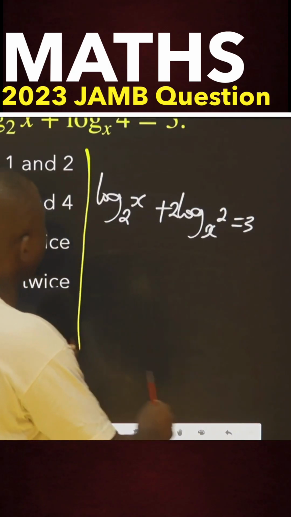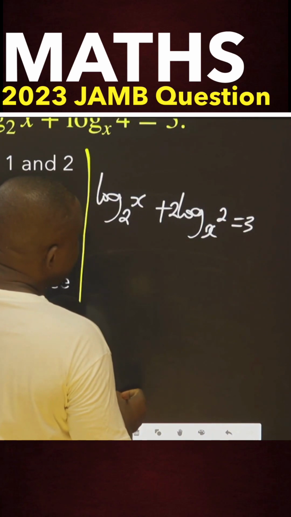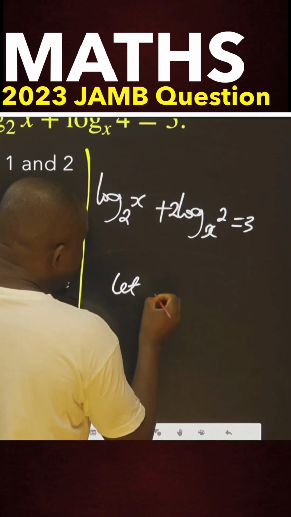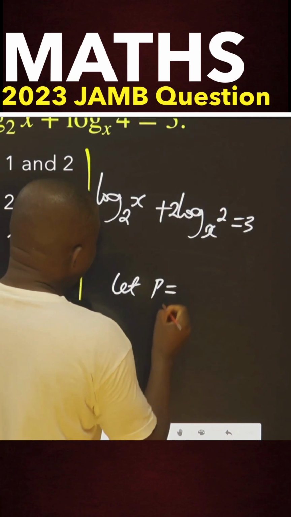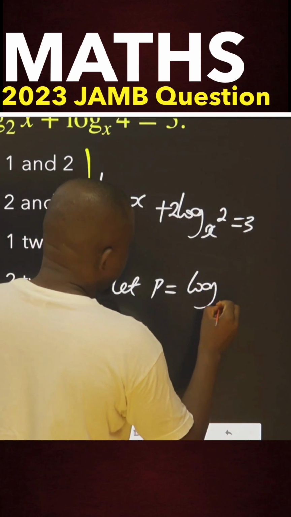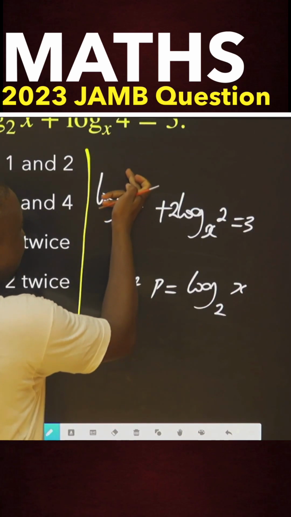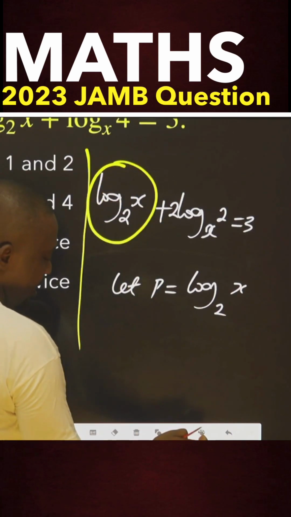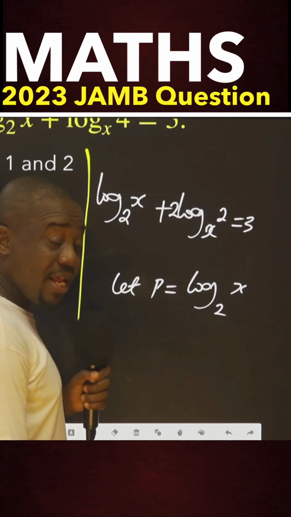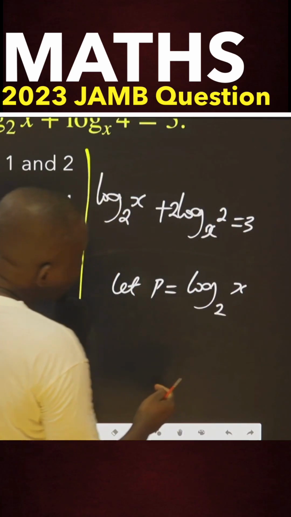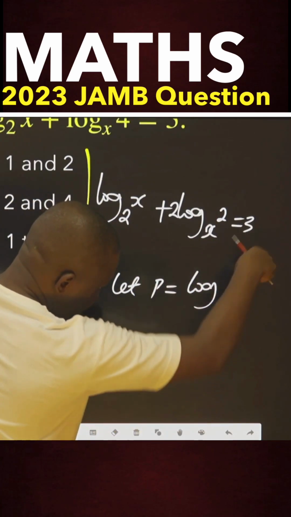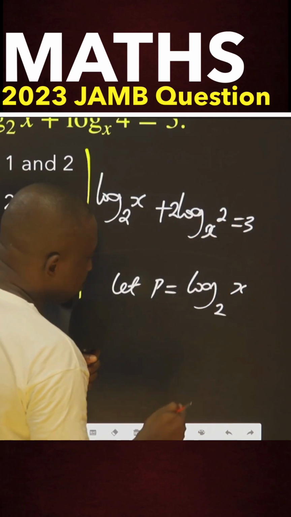Okay? Now, we are going to say, let p be equals to log x to the base of 2. As you can see, this one will perfectly be replaced with p. What about this? As you can see, we need to switch this position.